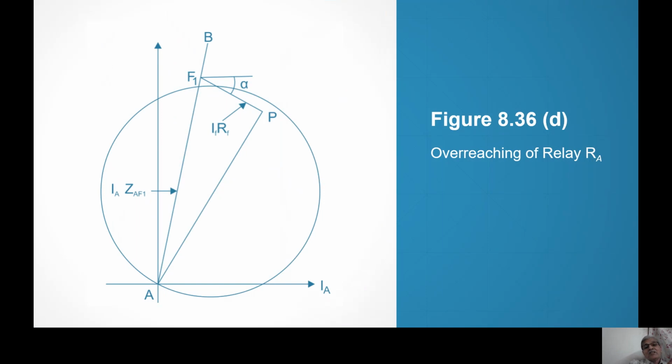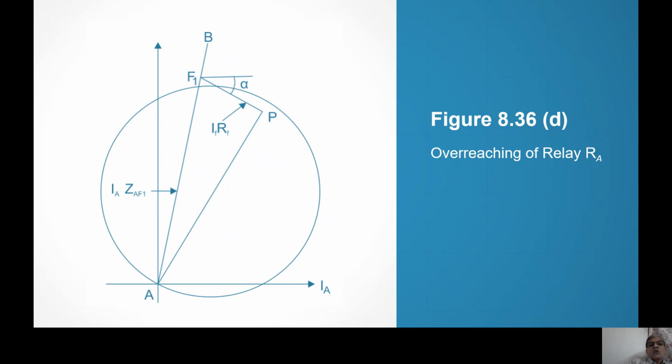Now my problem is this, that I've got a Mho relay. So the Mho relay current vector is I, but I means IA, the current at bus A, current at generator A. IA is my reference vector. Fault occurs at F1.